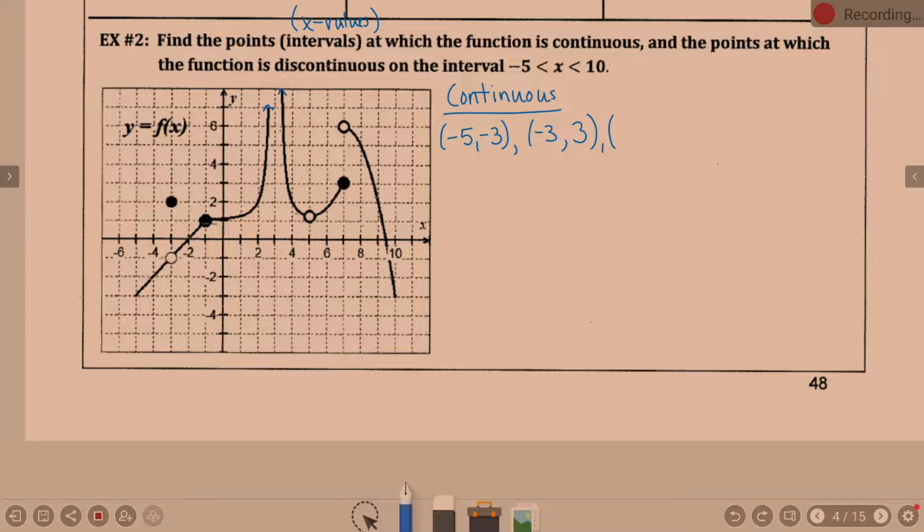So what's my next interval? Three to 5, so 3 to that next hole. Then where? 5 to 7. Then where? I think she did 7 to 10.